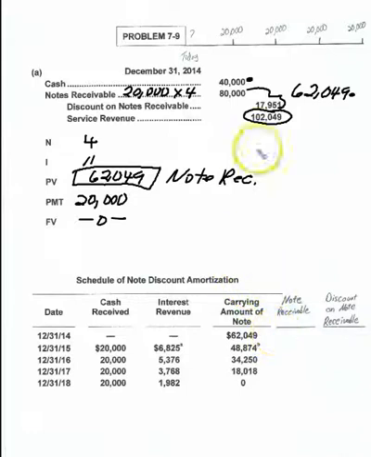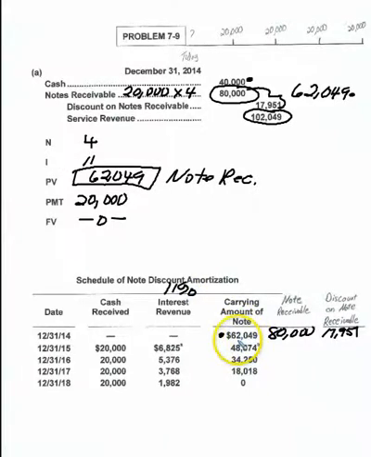Okay, so let's go down here then. If we're going to post, we've got $80,000 in our note receivable, and then we have a discount of $17,951. And that's at the very beginning of the note. Then a year will go by and we will calculate interest revenue. Remember, it's going to be at 11%. So we've got a carrying amount of this note, or net amount, our real principal, the real principal on the note, in effect, is the $62,049.